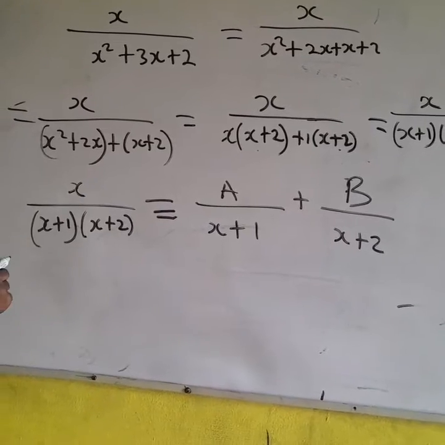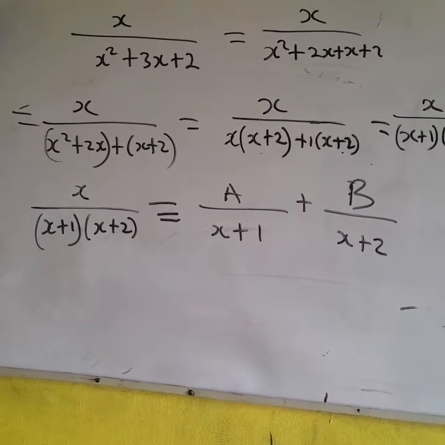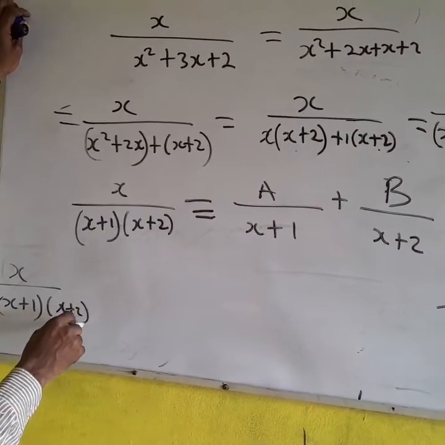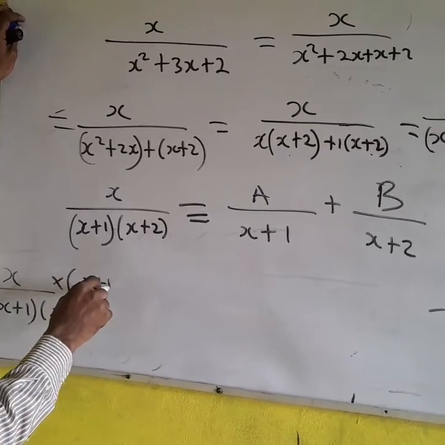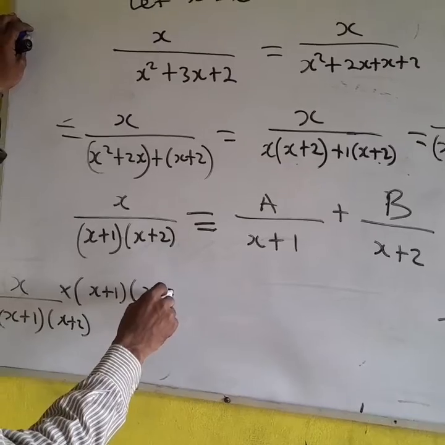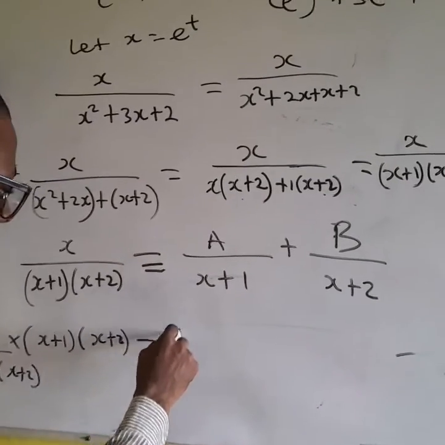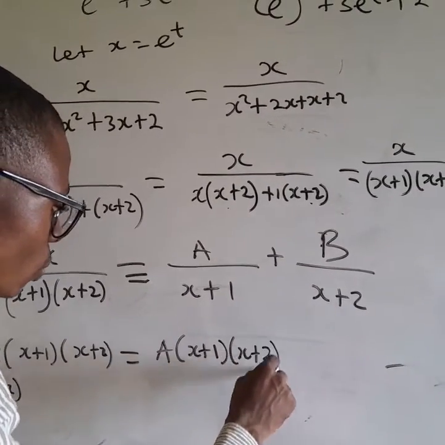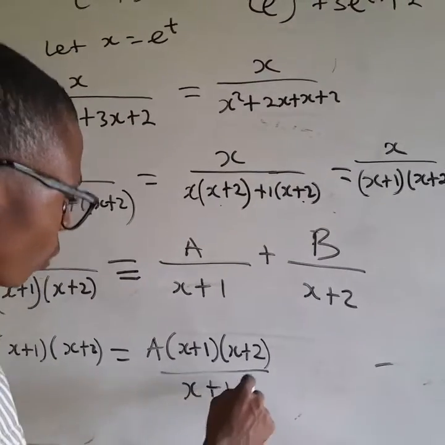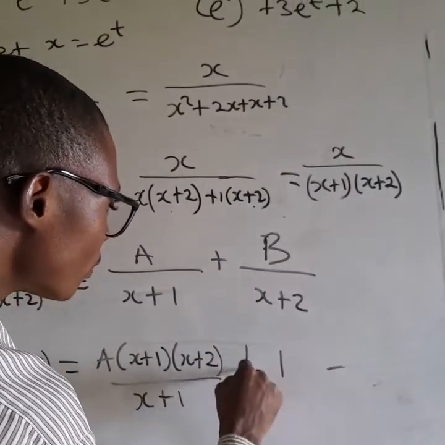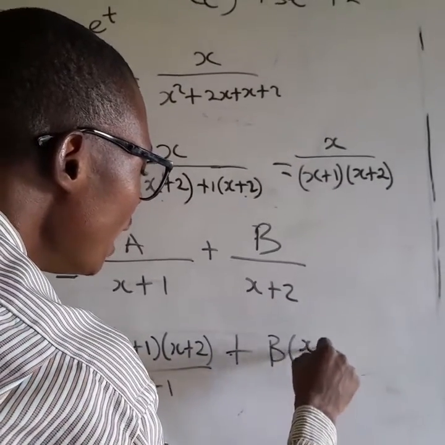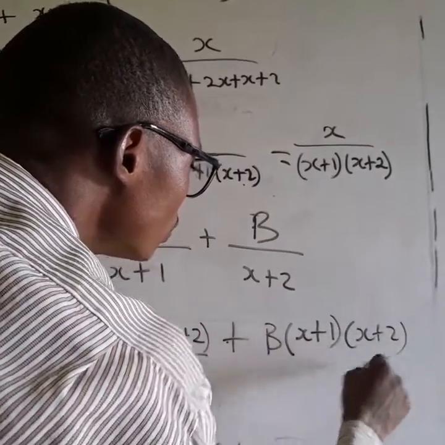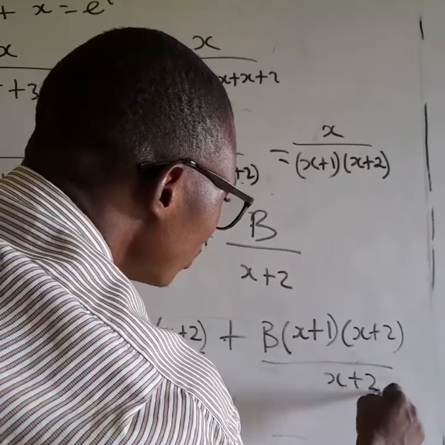That gives x equal to A into x plus 1 into x plus 2 divided by x plus 1, plus B into x plus 1 into x plus 2 all divided by x plus 2.